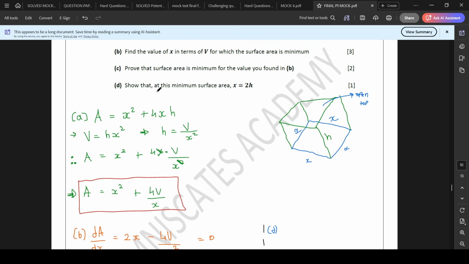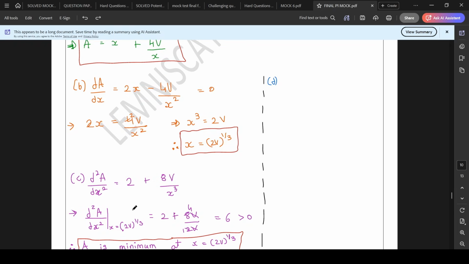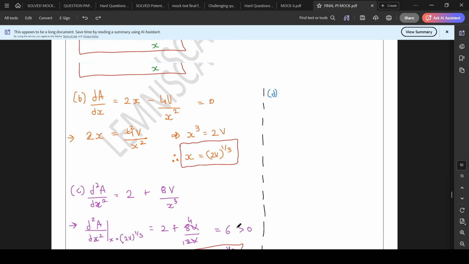Now for part D, we have to show that at this minimum surface area, x is equal to 2h. And this is for only 1 mark. So at this value of surface area, I don't know the value of the surface area when x is equal to 2v to the power of 1/3.